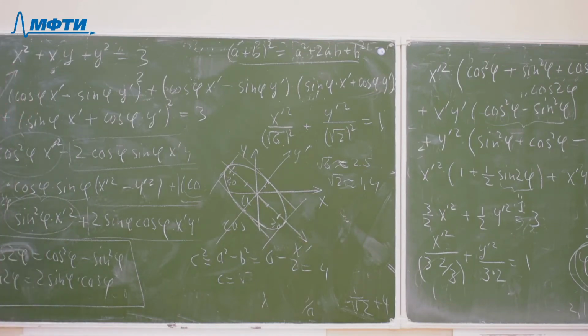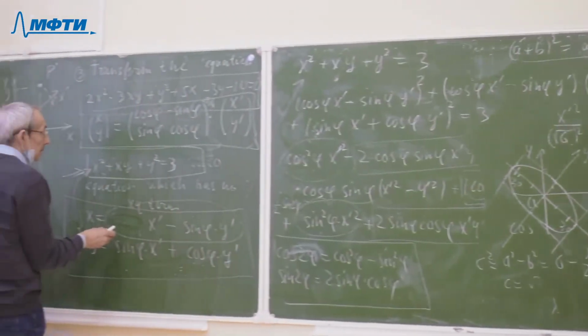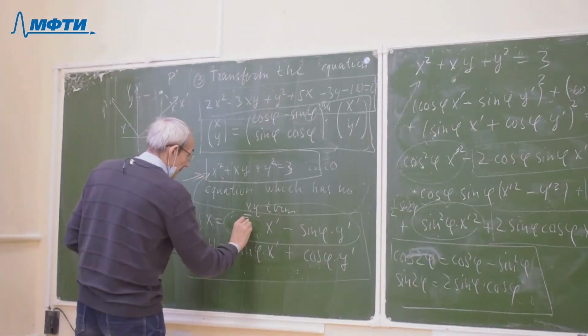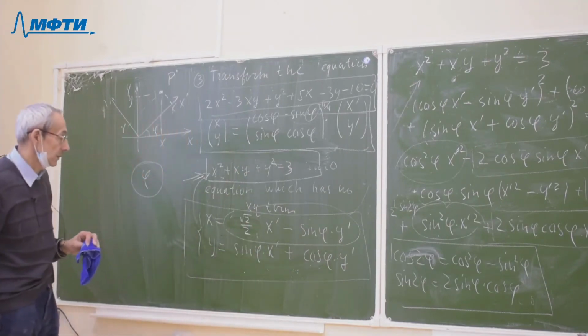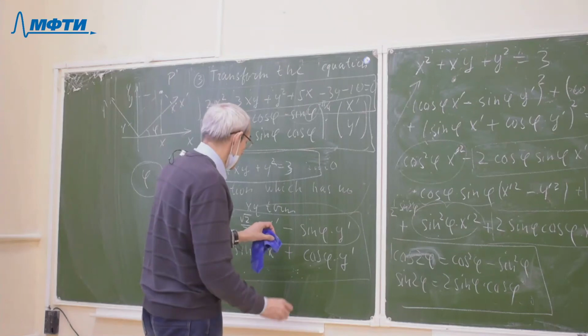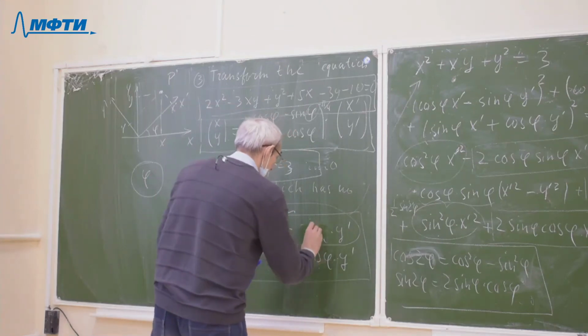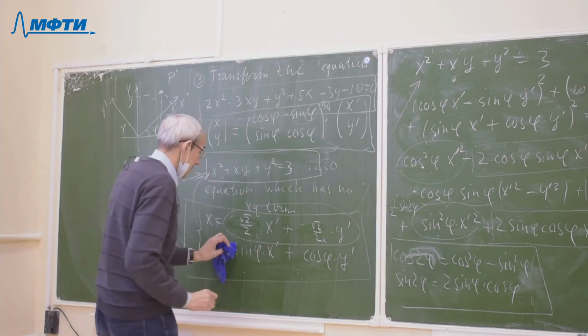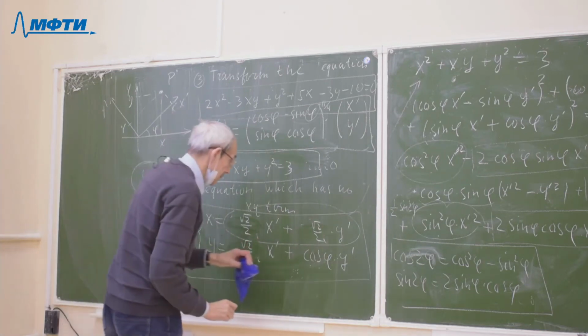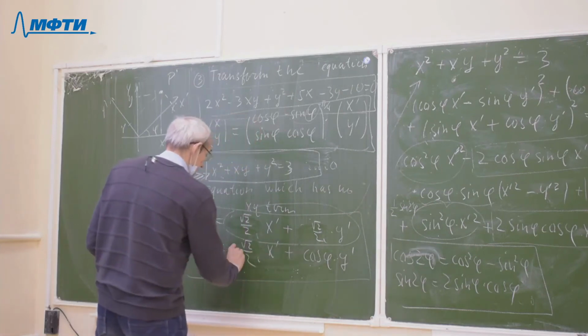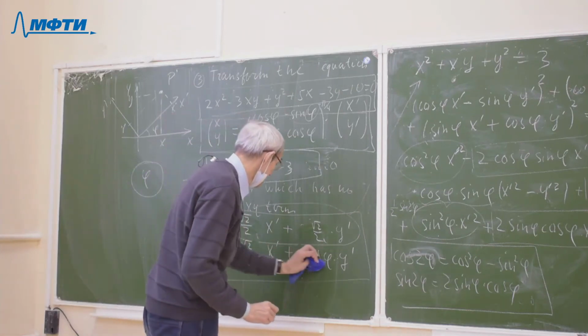In this case, the angle is equal minus pi/4, and in this equation cosine of minus pi/4 is equal root 2 over 2, minus sine, plus, minus, I'm sorry, plus.